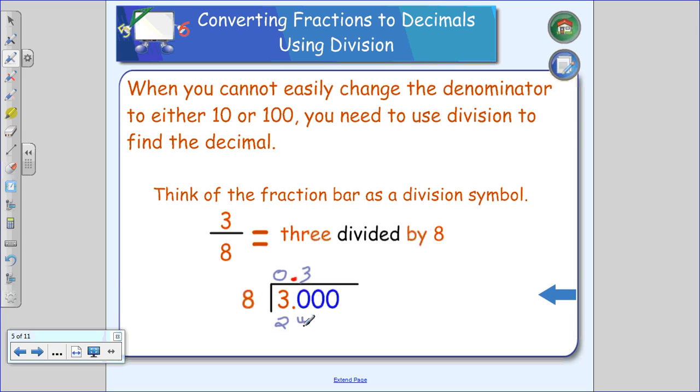And I have to do some long division here. 30 minus 24 is 6. And since I didn't end up with 0, I'm going to have to bring down another number and do it again. So now I'm going to be dividing 8 into 60. And that goes 7 times.